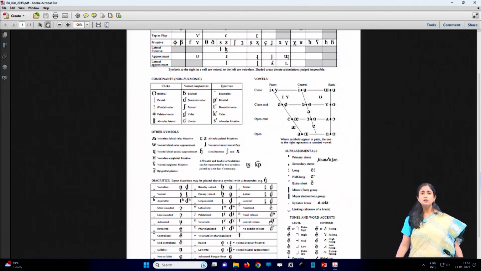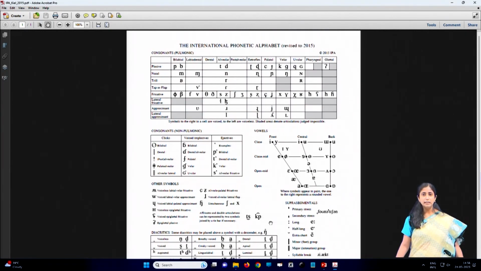Initially, it is difficult for us to articulate those sounds which are not part of our native language, because those are not part of our language. We are more comfortable articulating sounds which are part of our native language or of the languages which we know. But there are other sounds which may not be part of the languages which we speak, but can be part of some other language which we do not know.